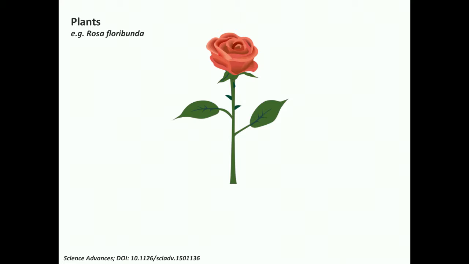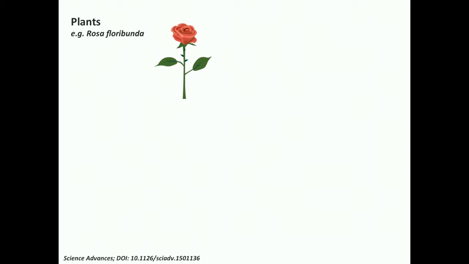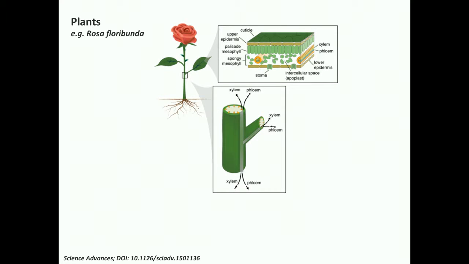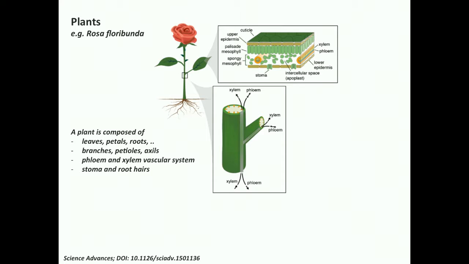If you take a look at the plant, it's a biological system including several key components: leaves, stem, and so on. You have the petals, roots, branches. You have the phloem and xylem vascular system. You have the stoma and root hairs that are basically gateways to the environment. The stoma gateway opens and closes and regulates oxygen and carbon dioxide exchange with the environment.